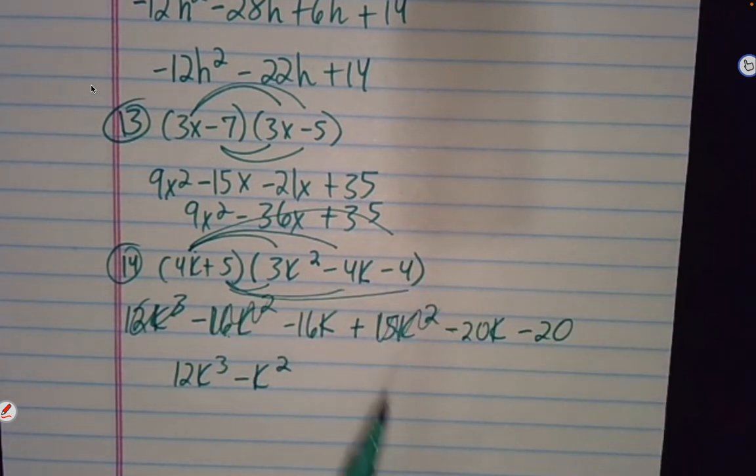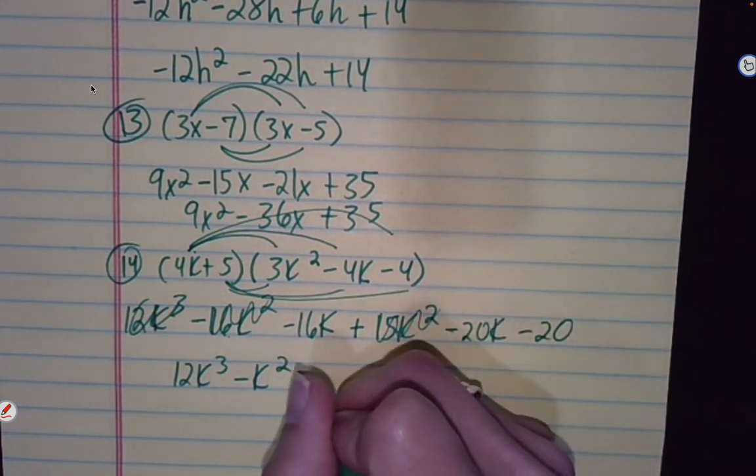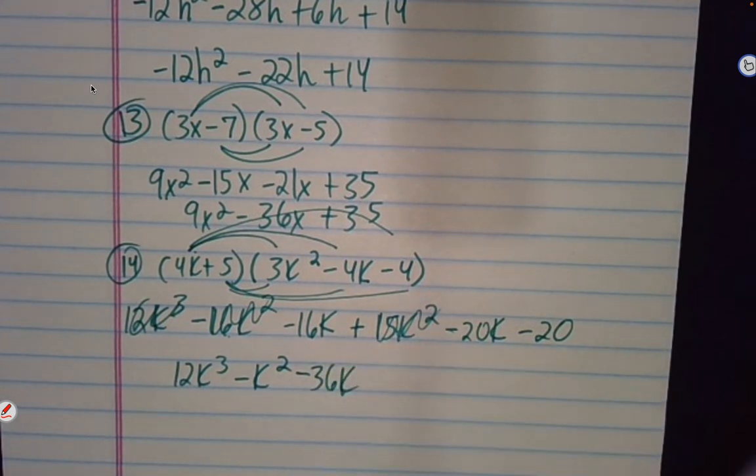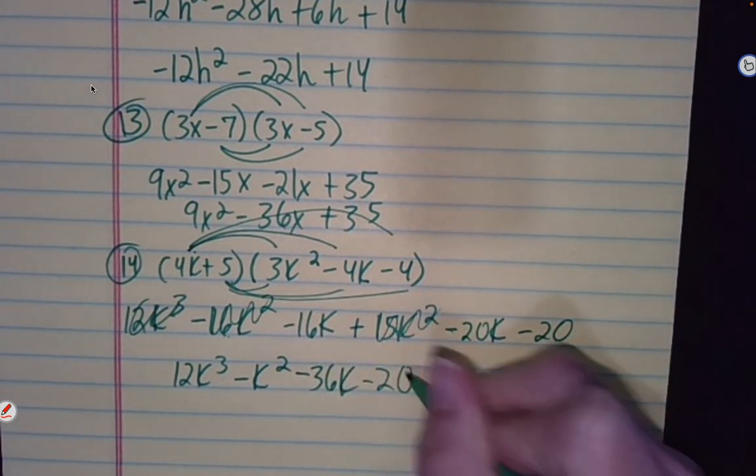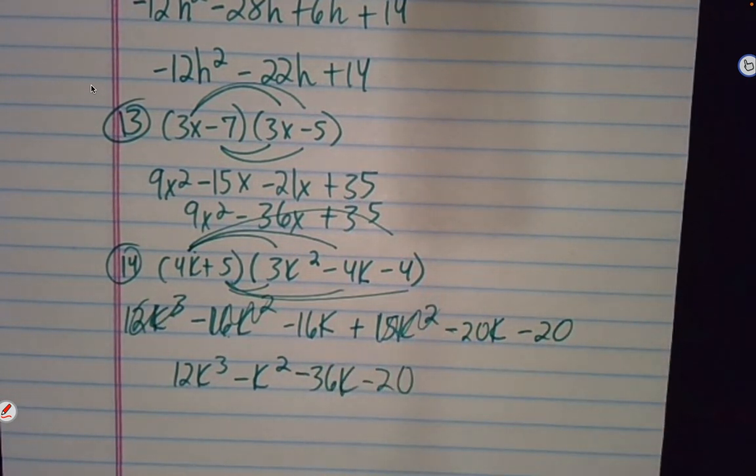If you put a 1 in front of it, that's just fine. Okay? Then what do I have? My negative 16 minus 20. What is that? Yep, negative 36K. And then the last thing, minus 20. Okay? There's number 14.